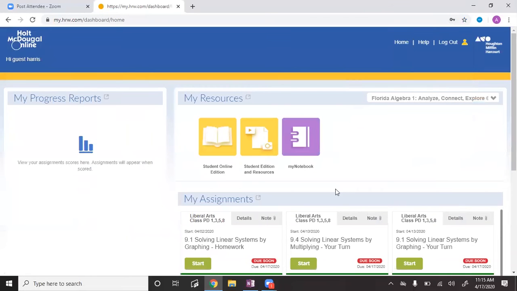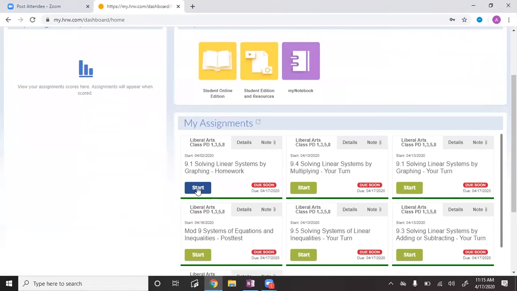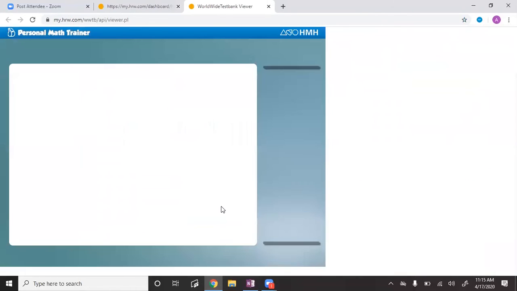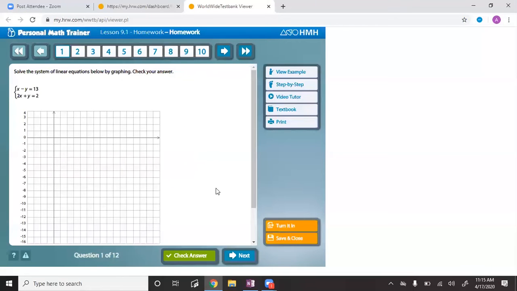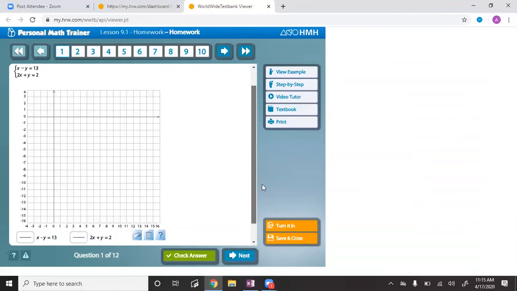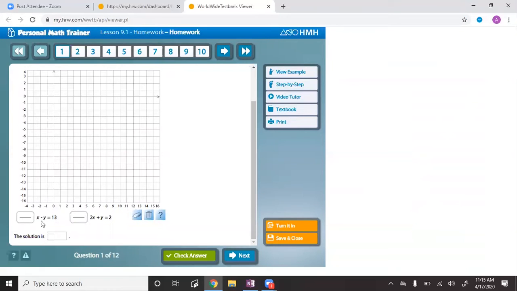All right, 9.1. You can see everything here, right? Yes. All right. So come down here. Here's the x minus 1 equals 13, correct? Yes. So if I want to graph that, what format is that in?